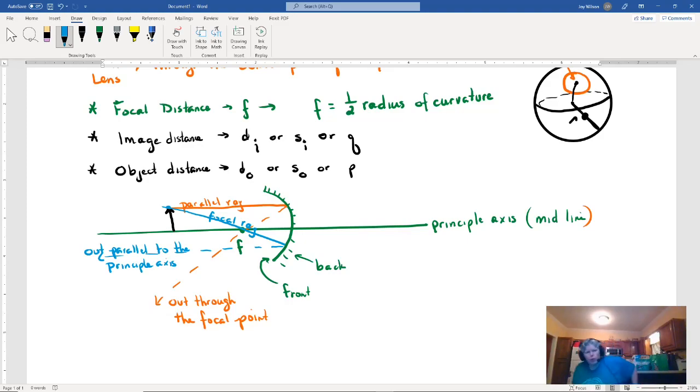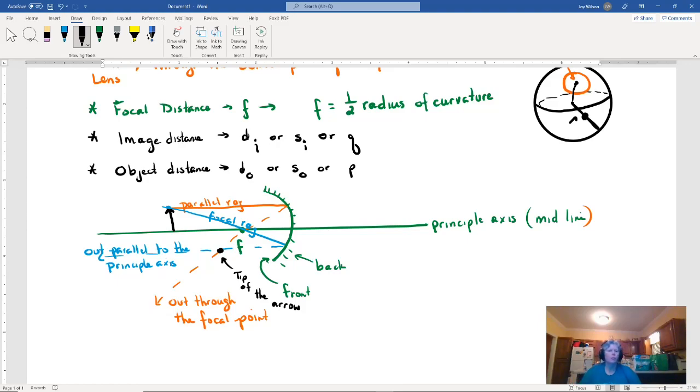So now we have an orange ray that's outcoming and a blue ray that's outcoming, and those two rays intersect. Where do they intersect? Well, they intersect right here. So I now know this is the tip of the arrow. It's going to form where the outgoing rays intersect.